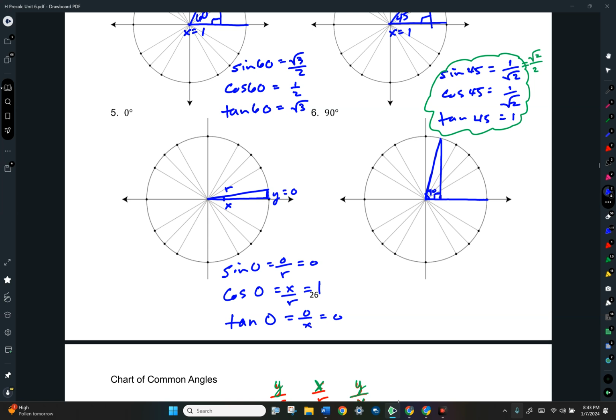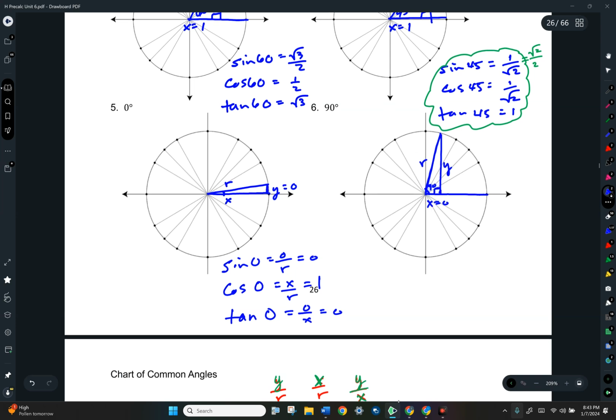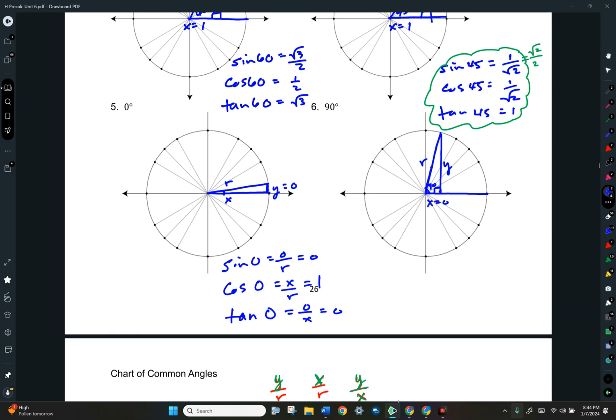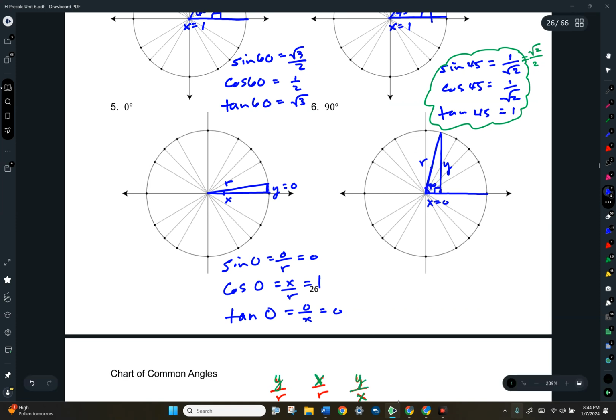So think about it. If that were a 90, then really wouldn't this y side be on top of the r side? And it would be the x that doesn't really exist, right? If I could take that line and scooch it up, then the y would be on top of the r.